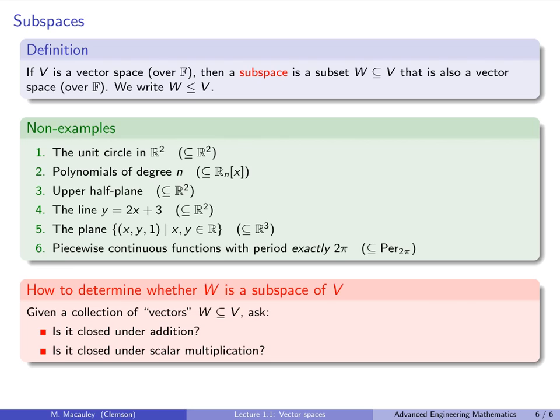And finally, is it closed under scalar multiplication? If I take any vector in W and I multiply it by a number, don't forget to try negative numbers and 0, do I remain in that set as well? If and only if both of these conditions hold, then W is a vector space and hence a subspace of V.